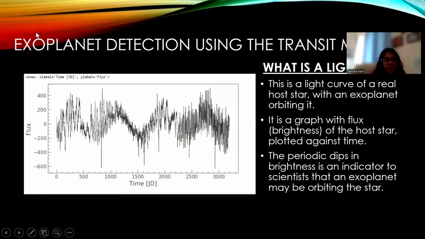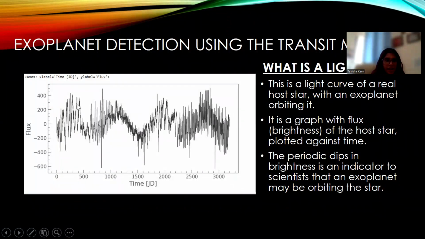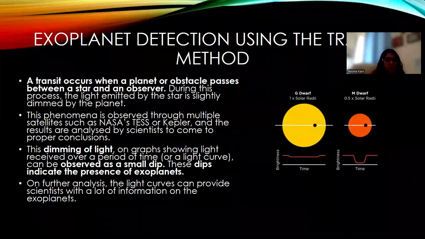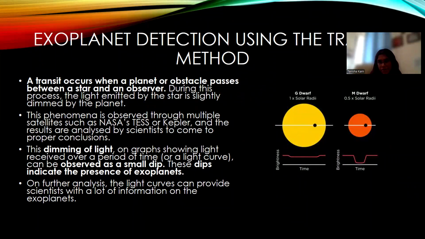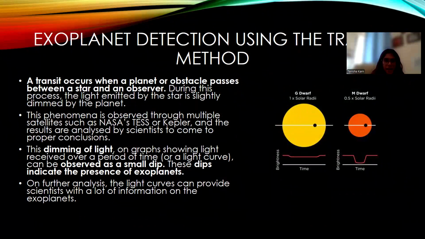So when the planet orbits around the star, it'll regularly cause dips in the brightness of the star, and it can be observed like this. Now, by analyzing these light curves, scientists can understand whether there is an exoplanet in front of the star.